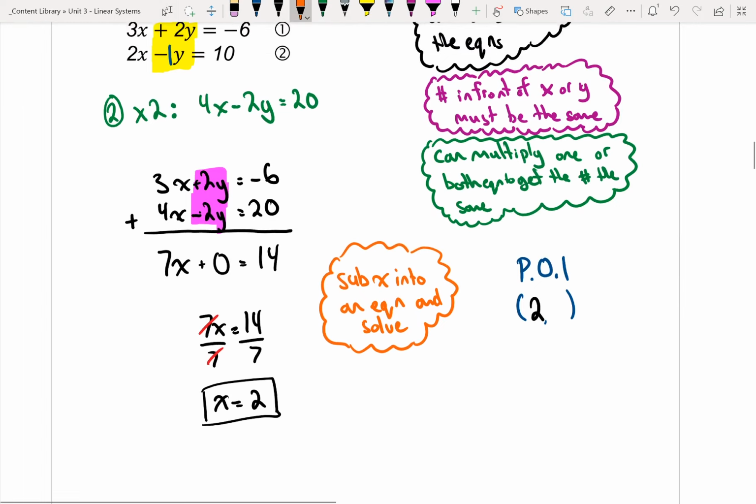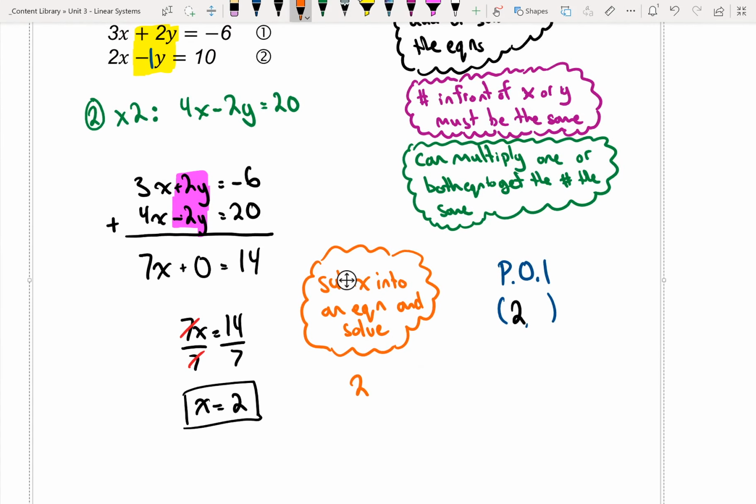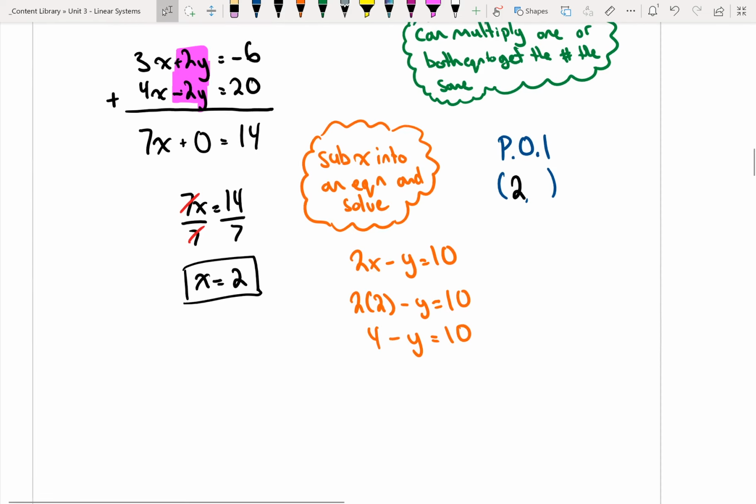So I'm going to take any equation. I'm going to choose the second one, 2x minus y equals 10. I know x is 2, so 2 times 2 minus y equals 10. 4 minus y equals 10. To get rid of the 4, I subtract 4 from the other side.